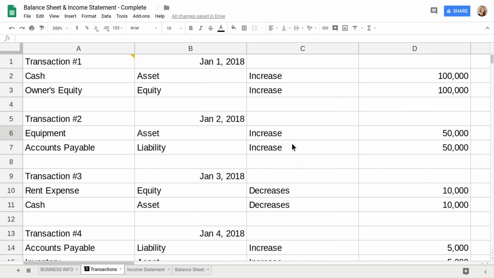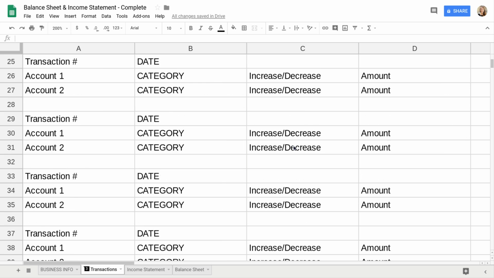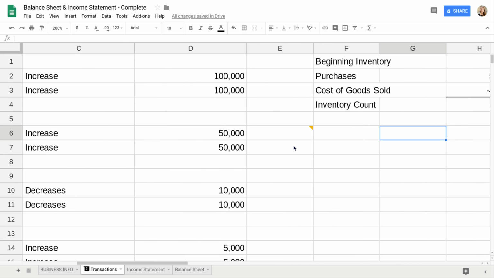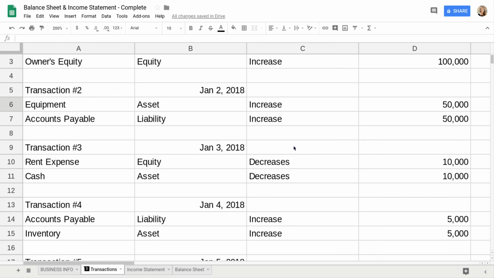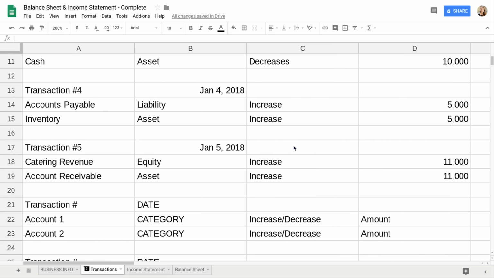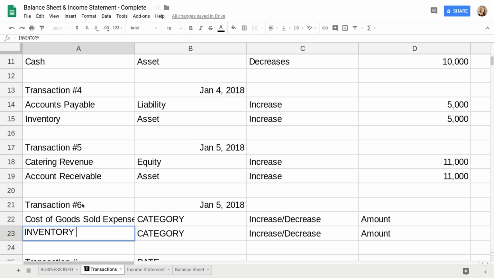Okay, so we know that our cost of goods sold is $4,000. So for transaction number 6, which is also on January 5th, 2018, notice that's the same day as the revenue, we have cost of goods sold expense, and the other account that it affects, inventory.